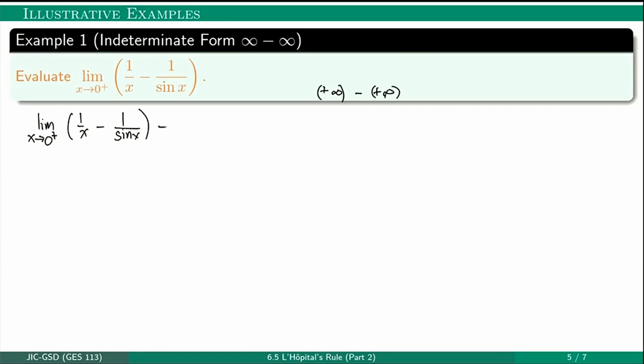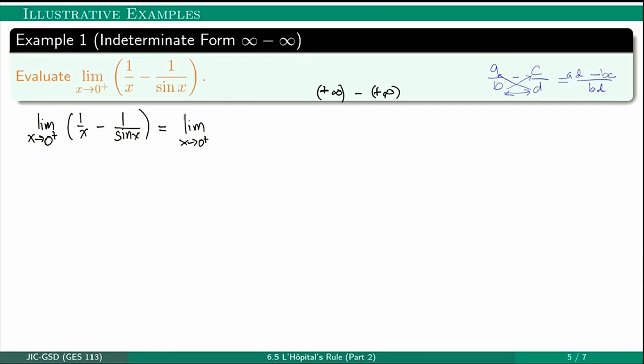So what we are going to do is to first rewrite our limit as x approaches 0 from the right. We can use this rule, a over b minus c over d: multiply a and d, then minus, multiply b and c, and then afterwards we multiply b and d.